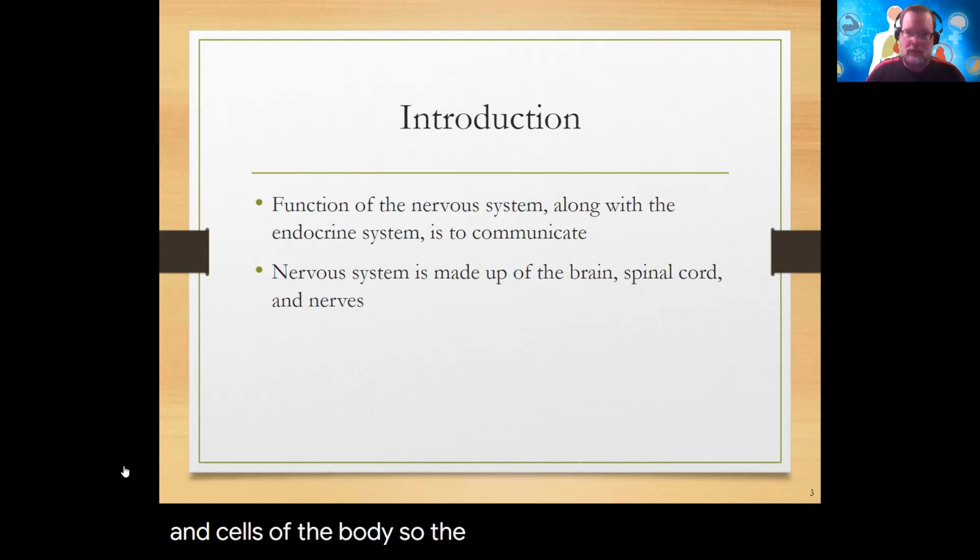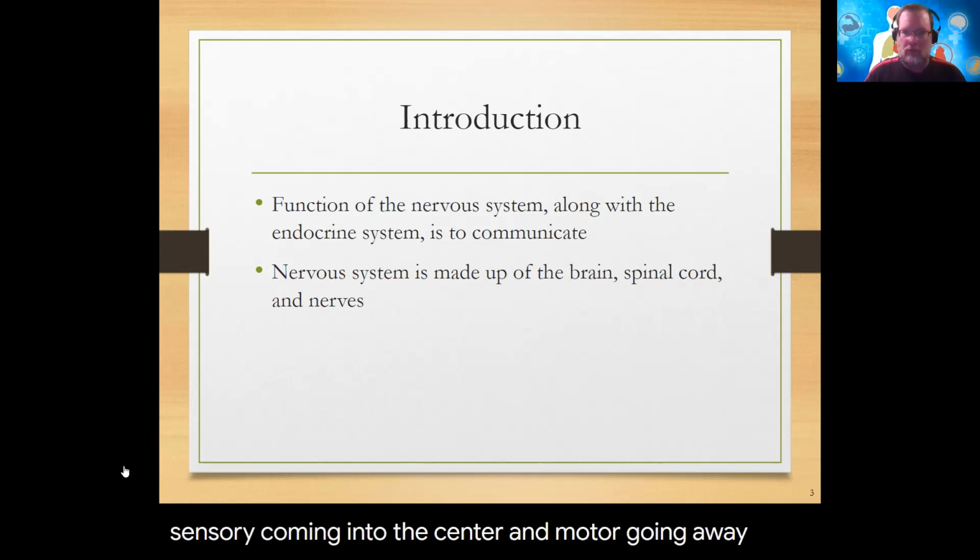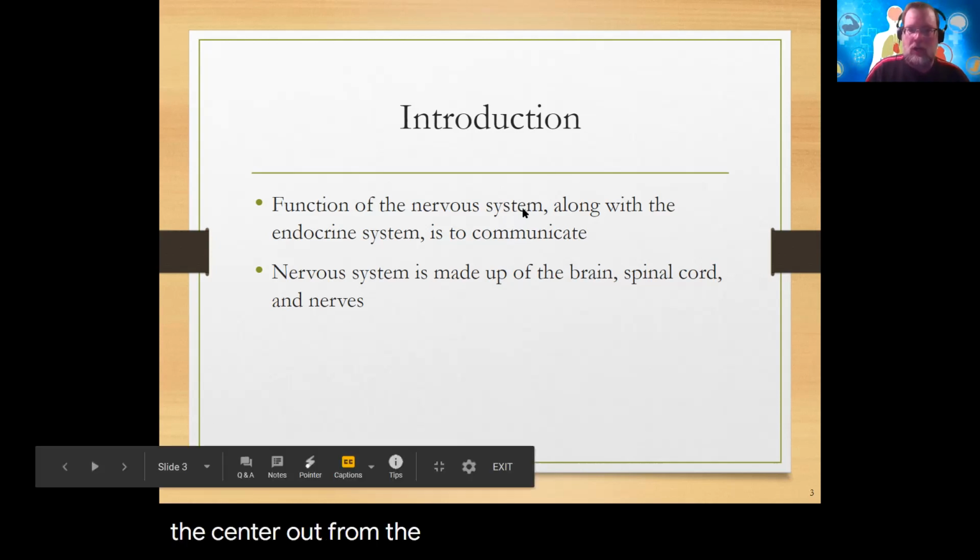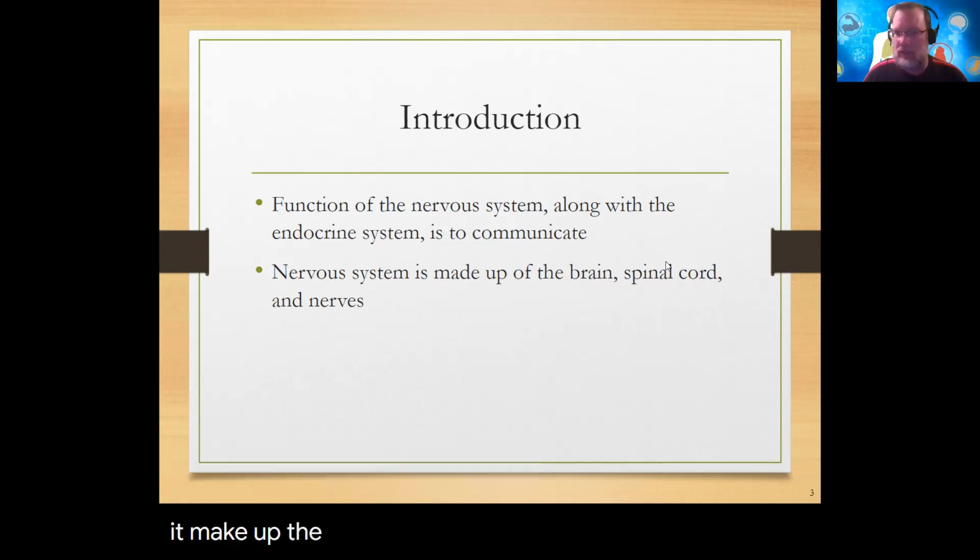So the nervous system exists as a communication pathway. Remember, we're going to see sensory coming into the center and motor going away from the center. Three things make up the nervous system: brain, spinal cord, and nerves. So that's it. Three things: brain, spinal cord, and nerves.